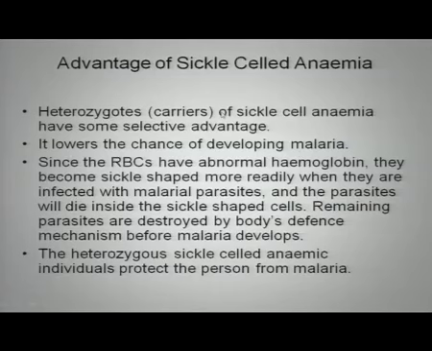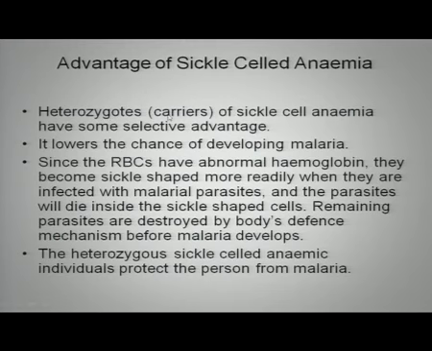Even though it is an autosomal recessive disorder, in African countries there occurs some advantage. The areas where it is much more prone to malaria, this particular disease has an advantage.